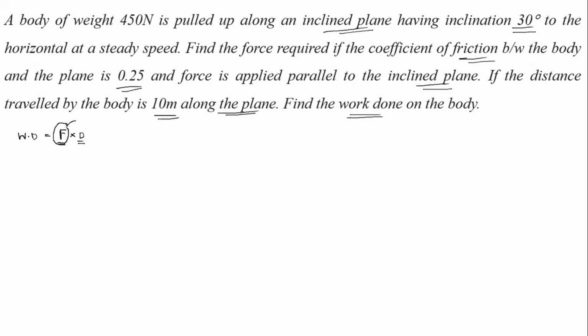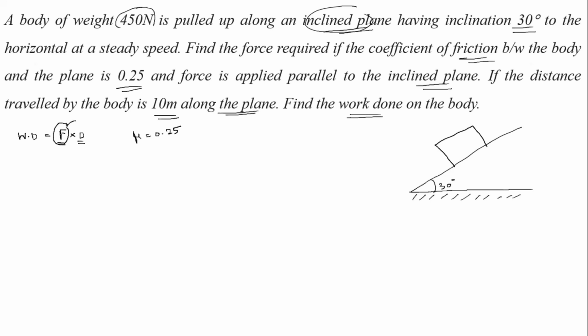Instead of a flat surface, now we have to draw an inclined plane. So, this is the flat surface and the inclination of the plane is equal to 30 degree, right. The body is resting on the inclined plane. The coefficient of friction mu is equal to 0.25, which is given.